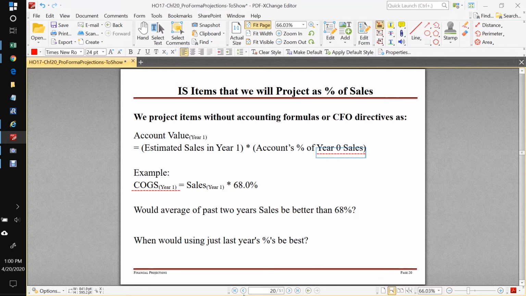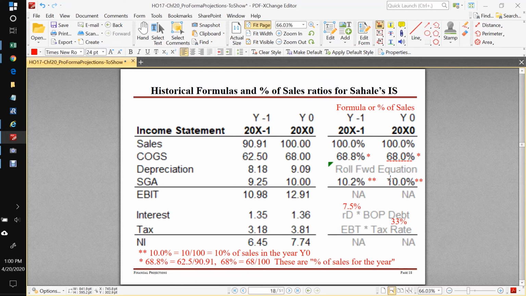I know some of you inquiring minds out there might be thinking, wouldn't it be better maybe to take the average of the past 2 years' percent of sales? And the answer is yes, absolutely. In this case, it would. It might be even better to go back 3 years or 4 years and take the average. But I'm doing it based just on Y0 to keep it simpler for you all. So there are fewer mistakes, less work for you and all that jazz.